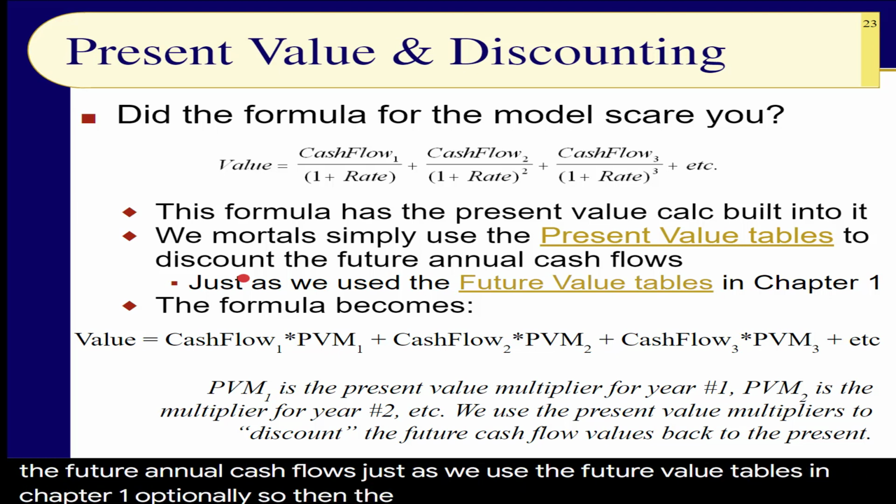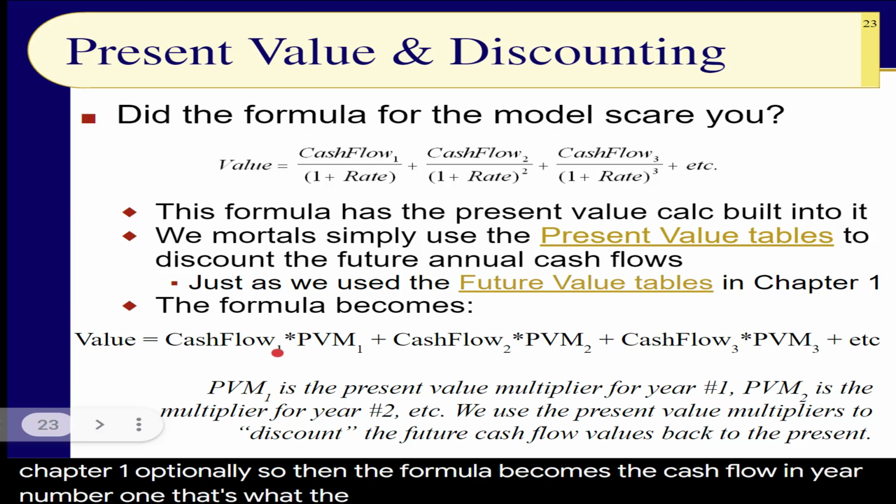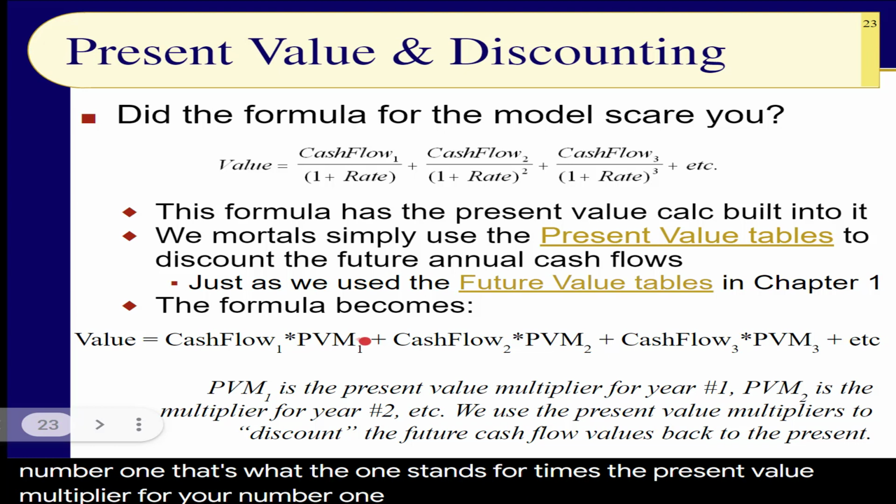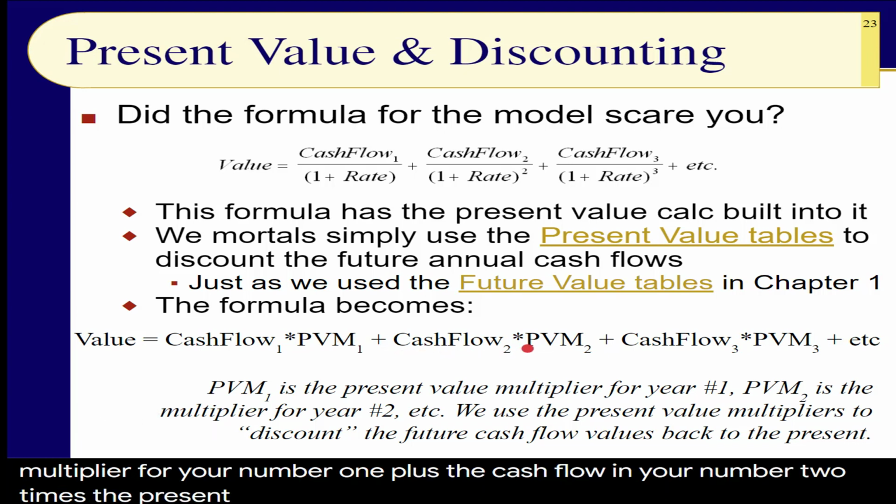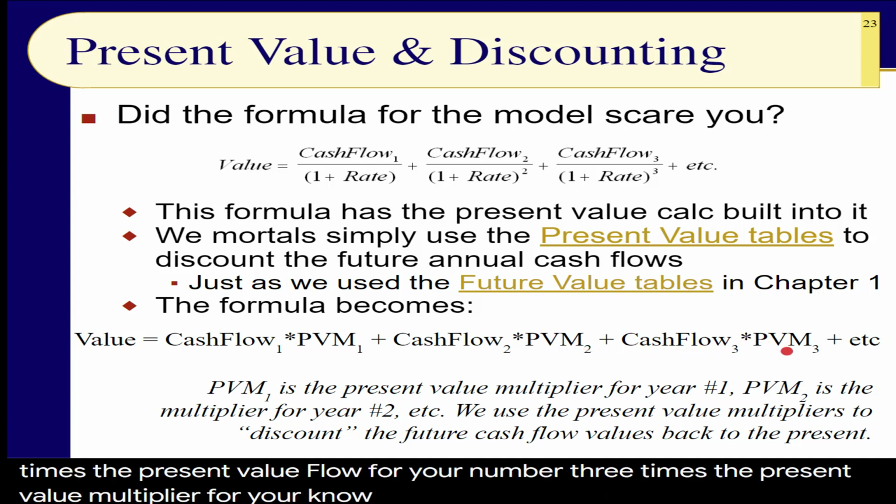So then the formula becomes the cash flow in year number 1 times the present value multiplier for year number 1, plus the cash flow in year number 2 times the present value multiplier for year number 2, plus the cash flow for year number 3 times the present value multiplier for year number 3.